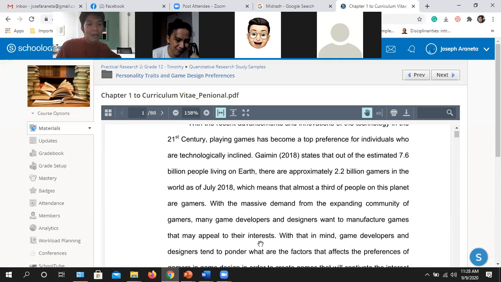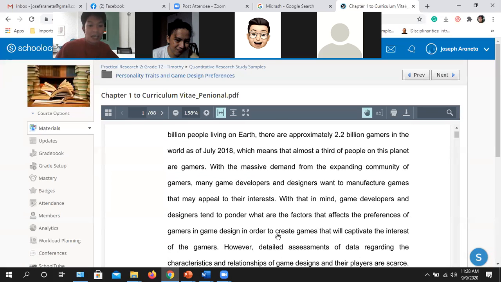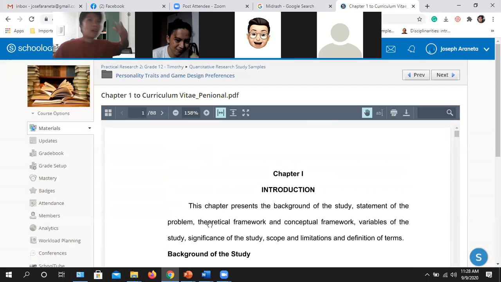Since gaming is a business, developers wanted to create or develop games which can hook the gamers or which can stir the interest of the gamers in order to patronize the game that they're going to develop. So itong study na to, it's about correlate siya if yung personality traits ng gamers can affect their preferences sa game designs ng isang game.